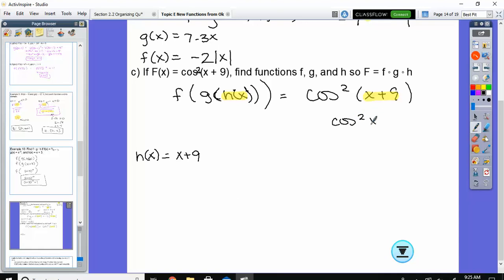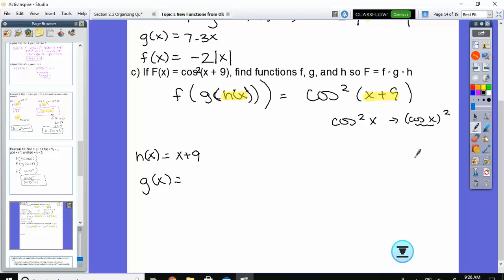Okay, so if I replace that, then it's a cosine squared x. So g, if I'm working my way out, what's the next thing you would do? If you cosine squared, remember it just means the cosine of x, and then square that answer.